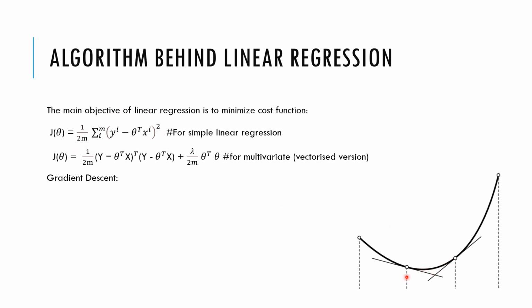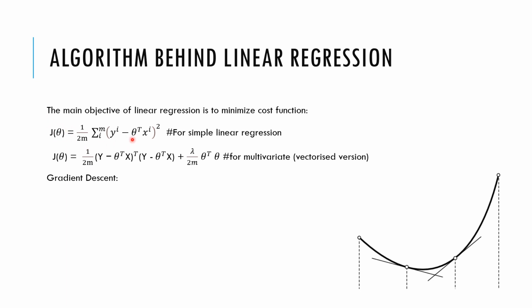To minimize this, we need to reach the minimum value of this curve, not here, not here, but here. If we take the derivative of this function at this point, it will become a flat line. That means the slope is 0.